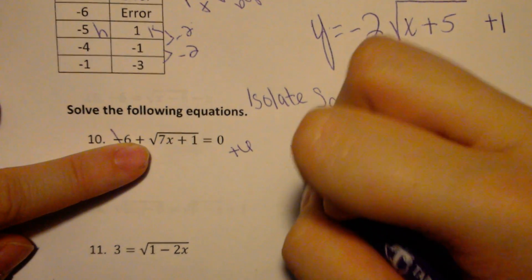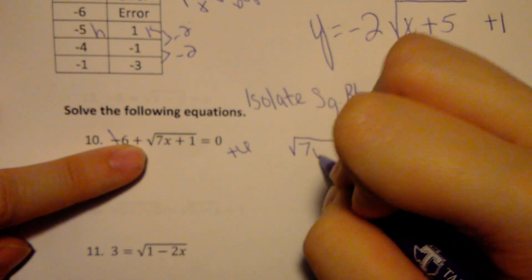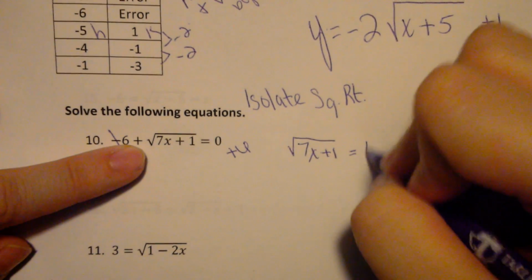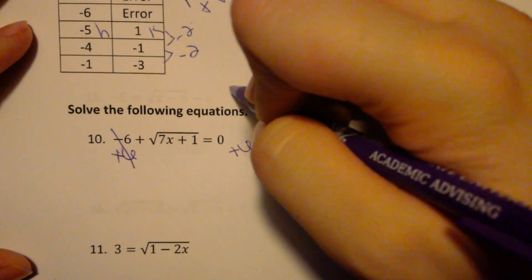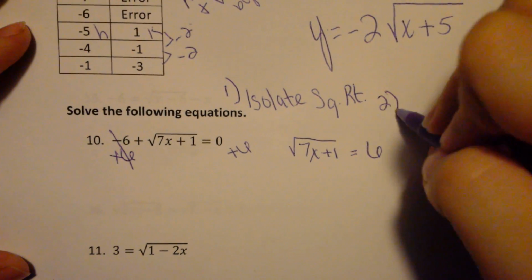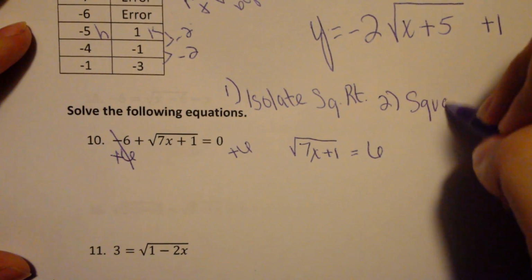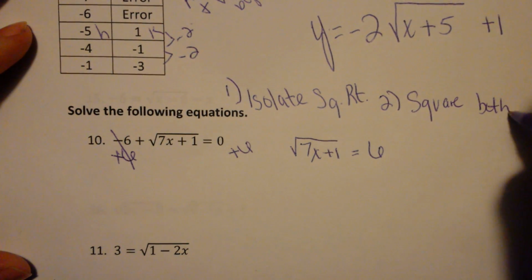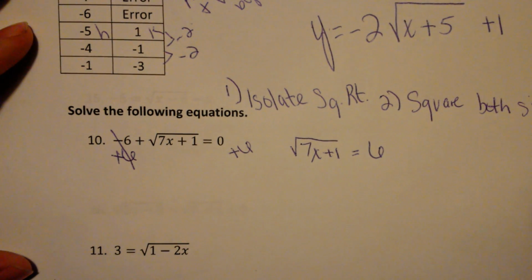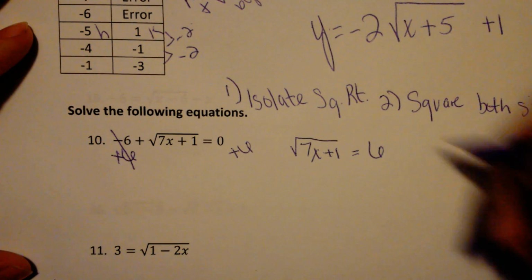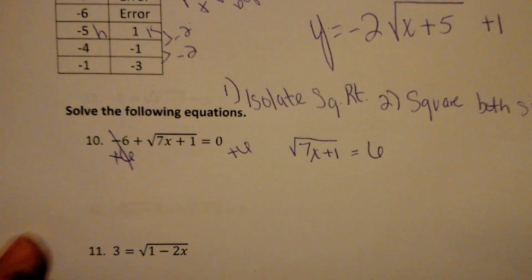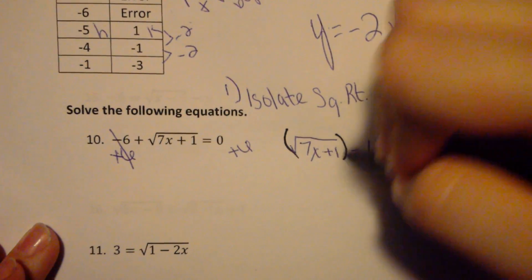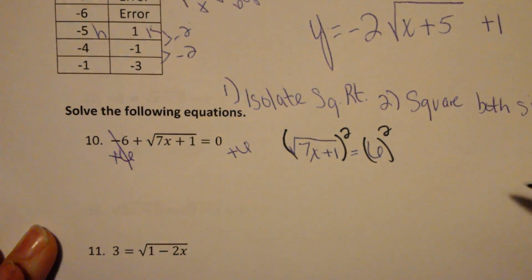So now I have the square root equal to a number. So that's my first step. My second step is going to be square both sides. So if I square both sides, I'm going to get rid of my square root.